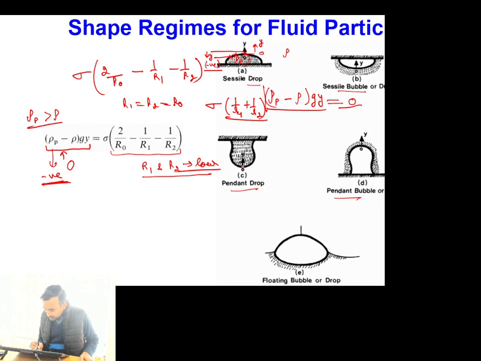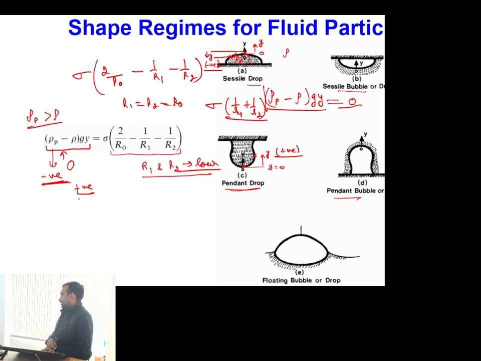If I consider this point for a pendant drop, for pendant drop what will be happening? This is y equal to 0. Whenever I will be moving in upward direction, what will be the value of y? It will be positive. Okay. So once I am having positive value of y, then this overall quantity will be positive.